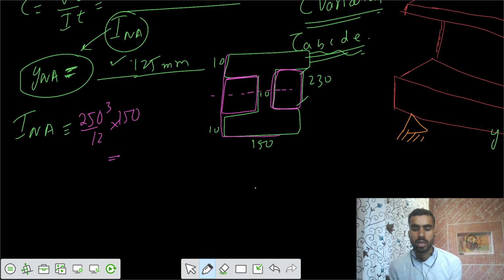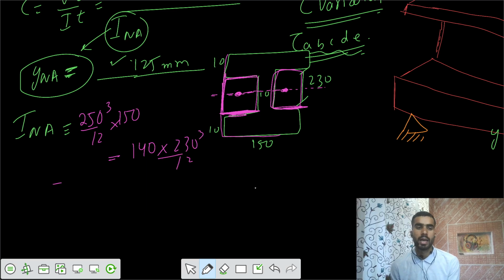Because your section is symmetric, their centroid is also along the neutral axis. So this would be 2 times 150 minus 10, that's 140, into depth of 230 cube by 12.